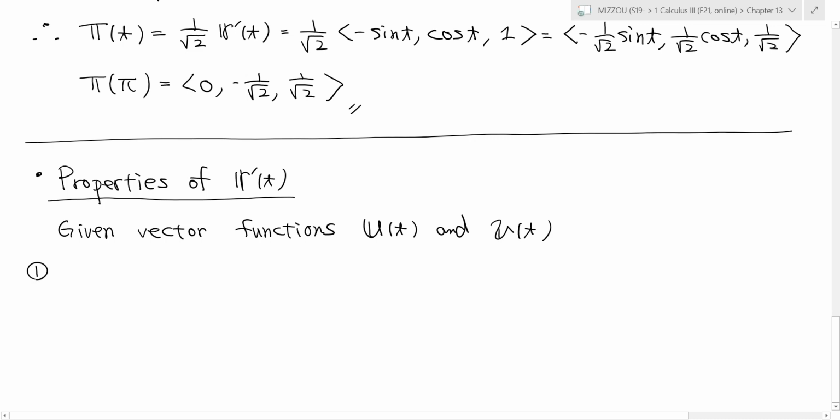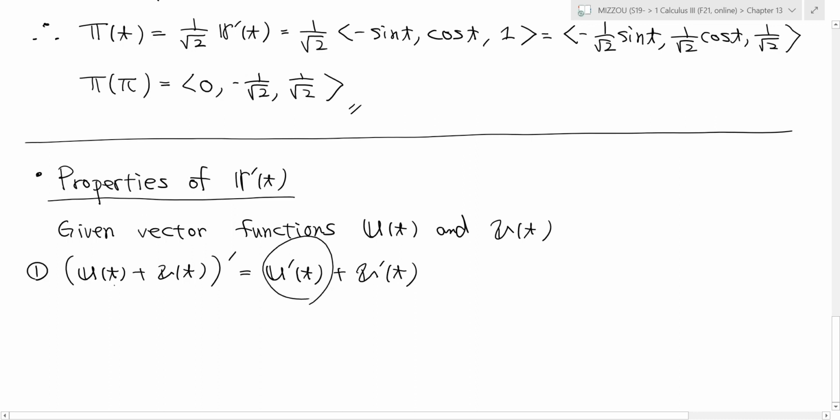Property number 1: you add two of those vector functions and take the derivative, and that's the same as the sum of the derivatives. This should be sort of obvious, because what you do to compute each of those is to differentiate component-wise. So if you add components first and take the derivative, that's the same as taking the derivatives first and adding the two vectors. All right, 2.